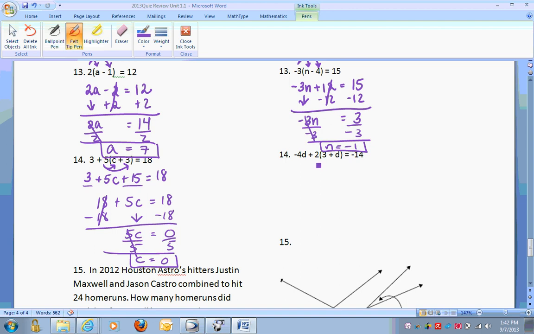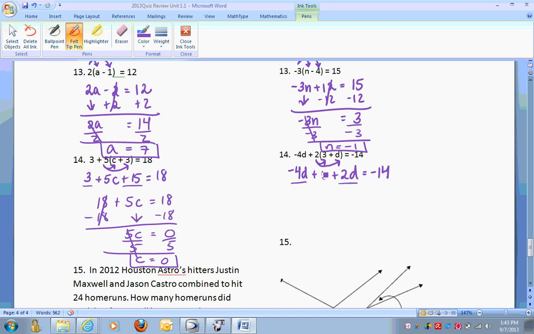Okay, number 14 on the target practice side. I bring down my negative 4d. I distribute the 2. So 2 times 3 is 6, and then 2 times d is 2d, and that equals negative 14. Okay, now I combine my like terms.